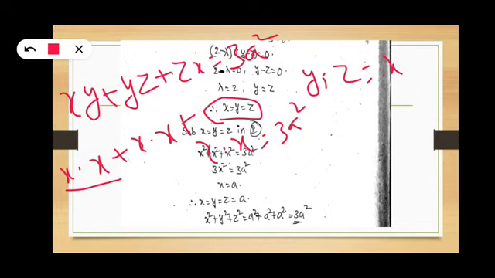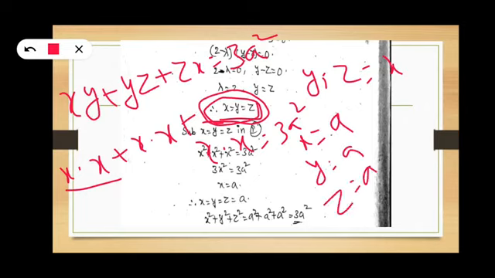But we know that x is equal to y is equal to z. So if x is equal to a, then y is also a and z is also a. Why? Because they are equal. So we say that x is equal to a, y is equal to a and z is equal to a.